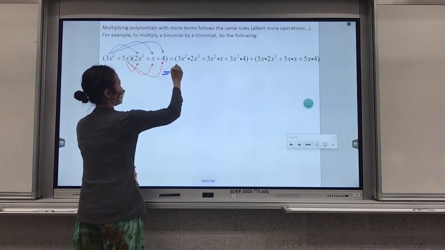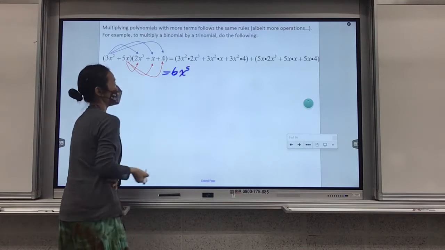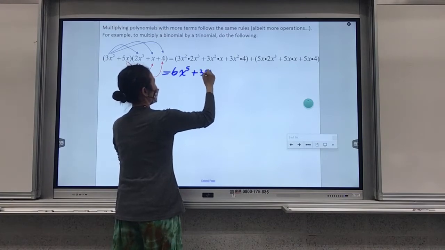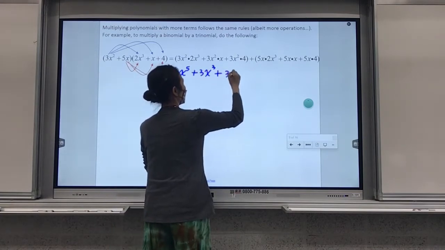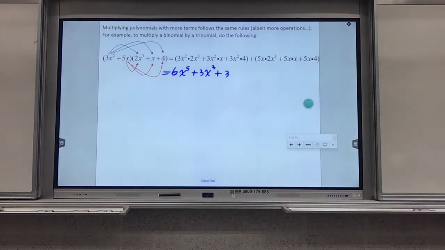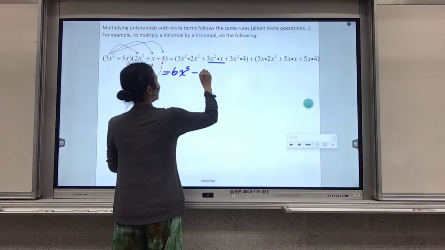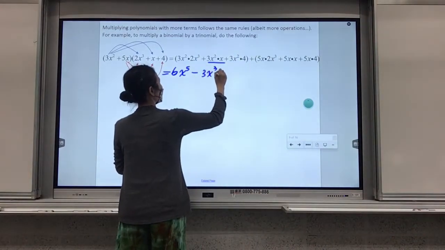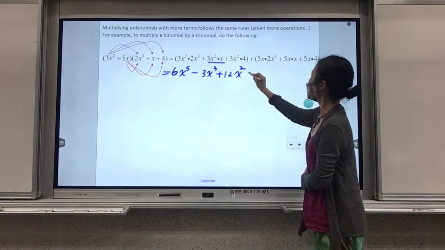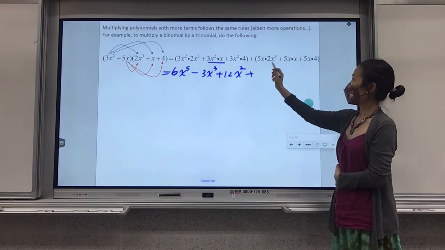3 times 2 is 6x to the power 5, plus 3x cubed, plus 3 times 4, 3x cubed plus 12x squared, plus, what's that?